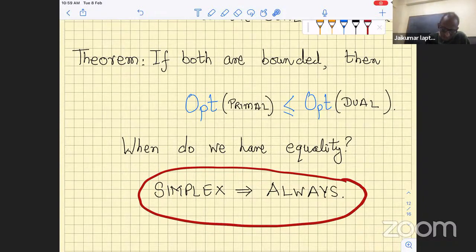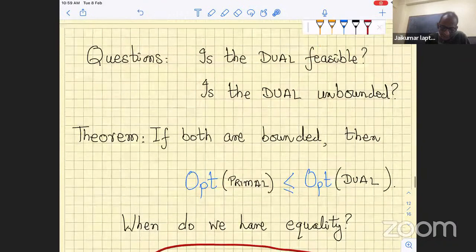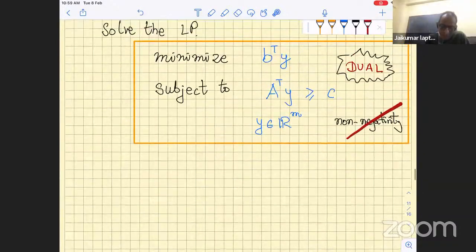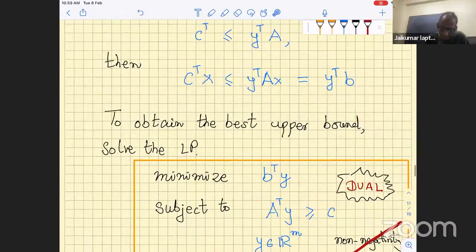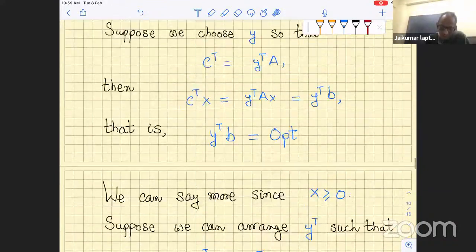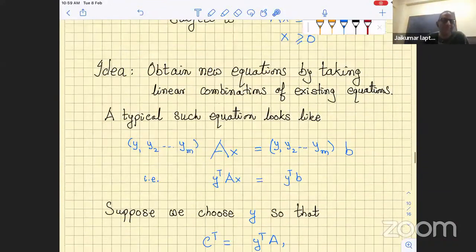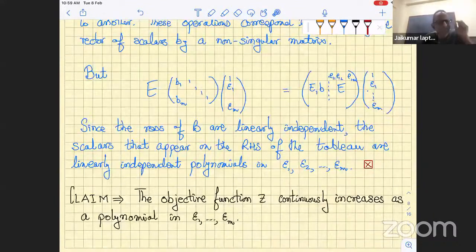It turns out that when we terminate in simplex, the coefficients in the last row all become non-positive, none of them is positive. From that fact, strong duality follows. I was hoping to do that, but I've run out of time. So I will start next time with introducing duality in this way.